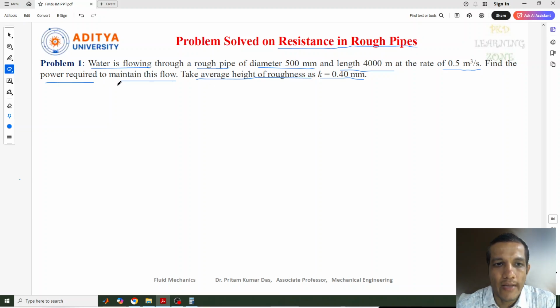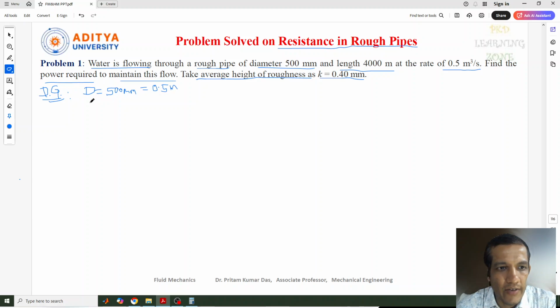Before that, let's first identify the data given in this question and write it down. We can write easily from the first line itself: the diameter of the pipe is d equal to 500 millimeter, which is 0.5 meter.